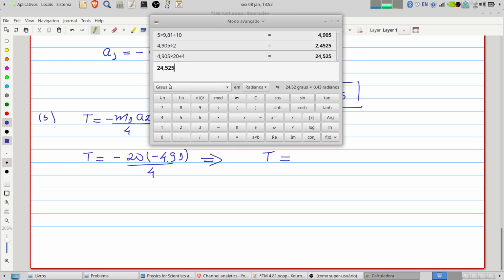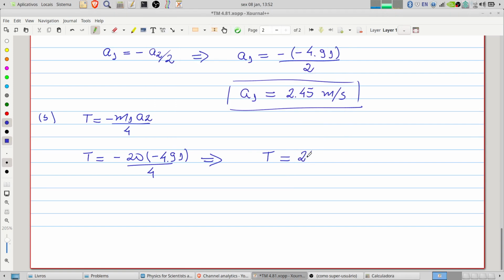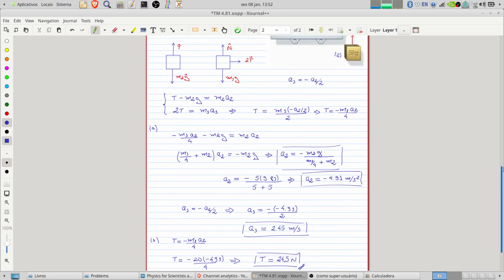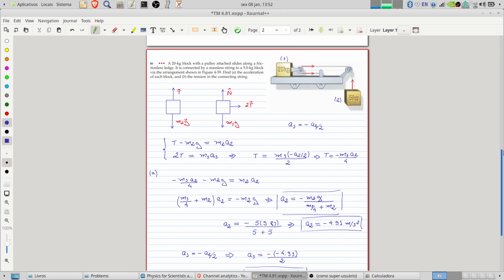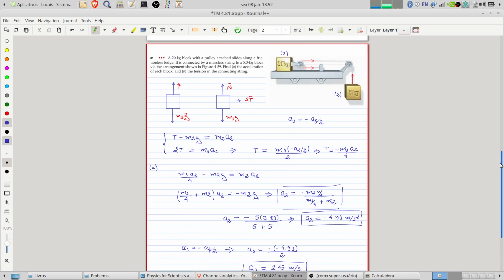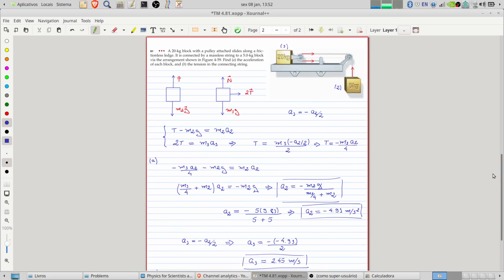This equals 24.5 newtons. This is item B. And here we have the whole problem. Very interesting, very instructive. And that's it. The problem is solved.